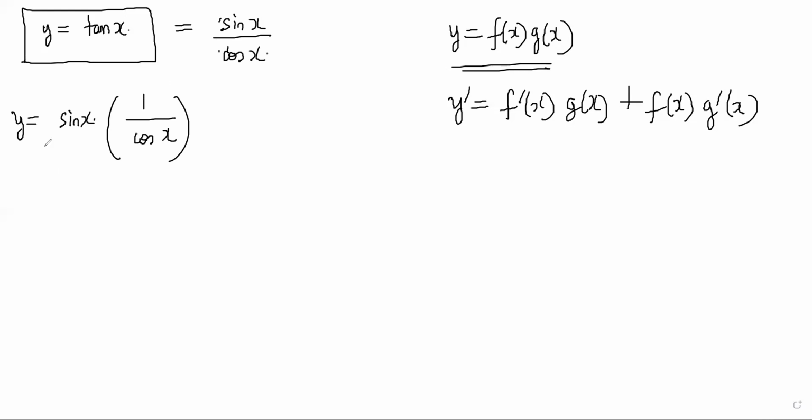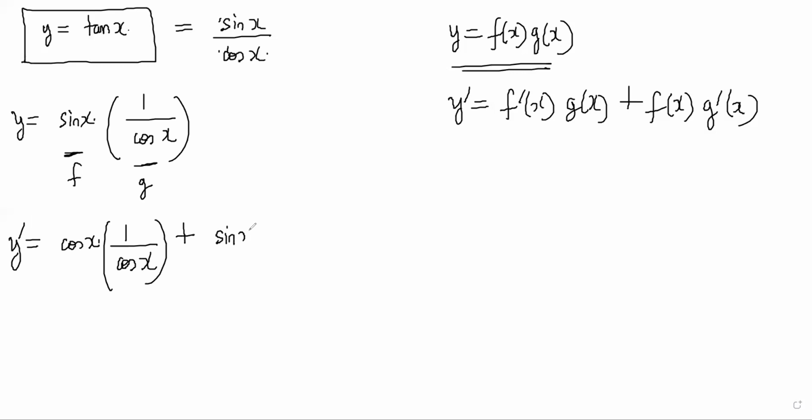So by product rule, this is my f, this is my g. Differentiation of sin x is cos x, and keep the other one as it is, plus keep the first one as it is and differentiate this one, right?